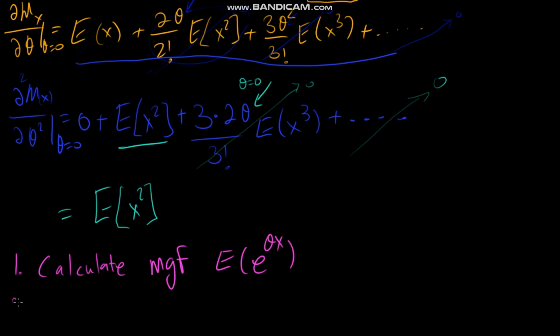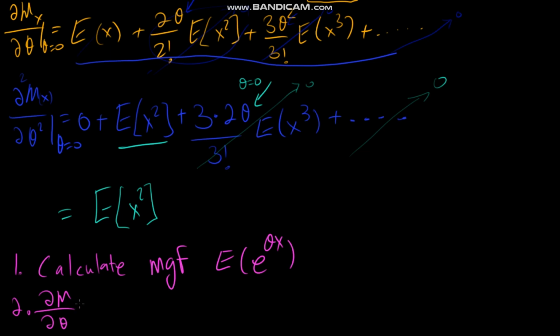This is the first part, and the second part is after you did this calculation and you got the moment generating function, all you need to do in order to get the moment of the function is to make the derivation according to the moment you want to find.